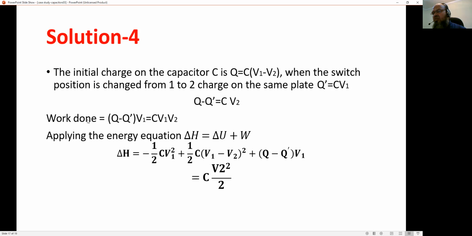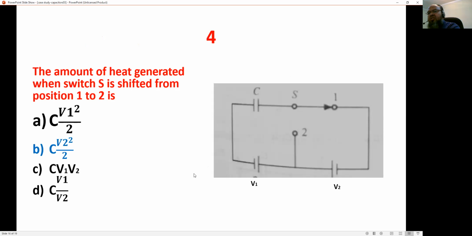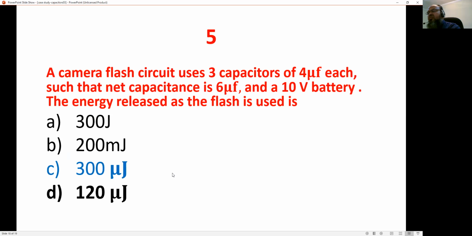Alright, work done formula Q minus Q dash V, and I hope that you remember this equation, first law of thermodynamics, delta H is equal to delta U plus W. And if you substitute all these values in this formula, then you find final answer CV2 square by 2. Right? So this is the solution, CV2 square by 2. This is the final answer for this question.